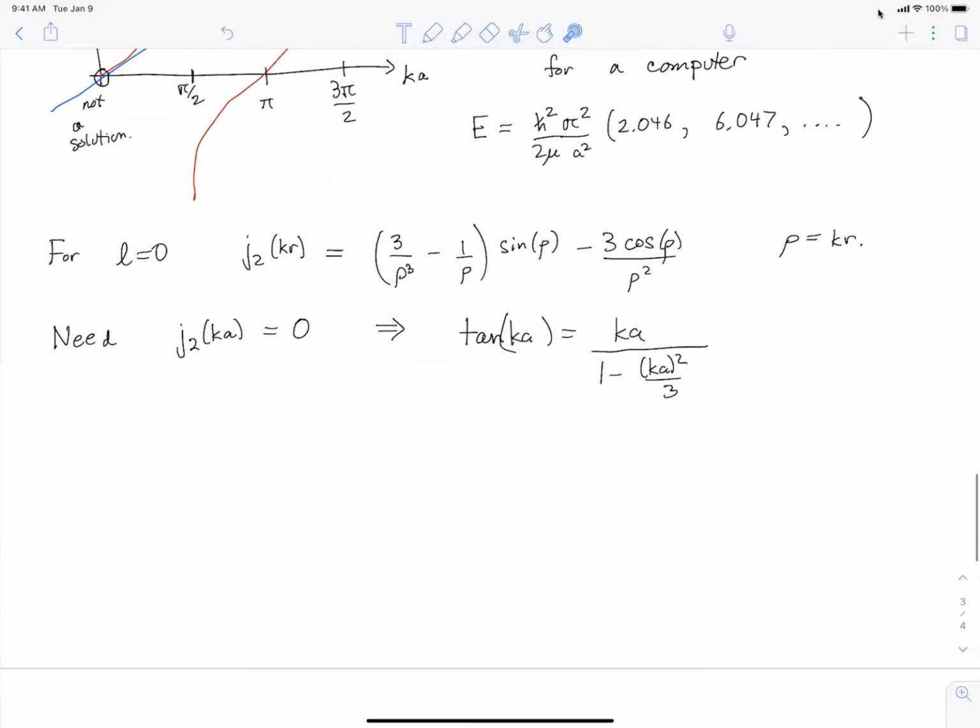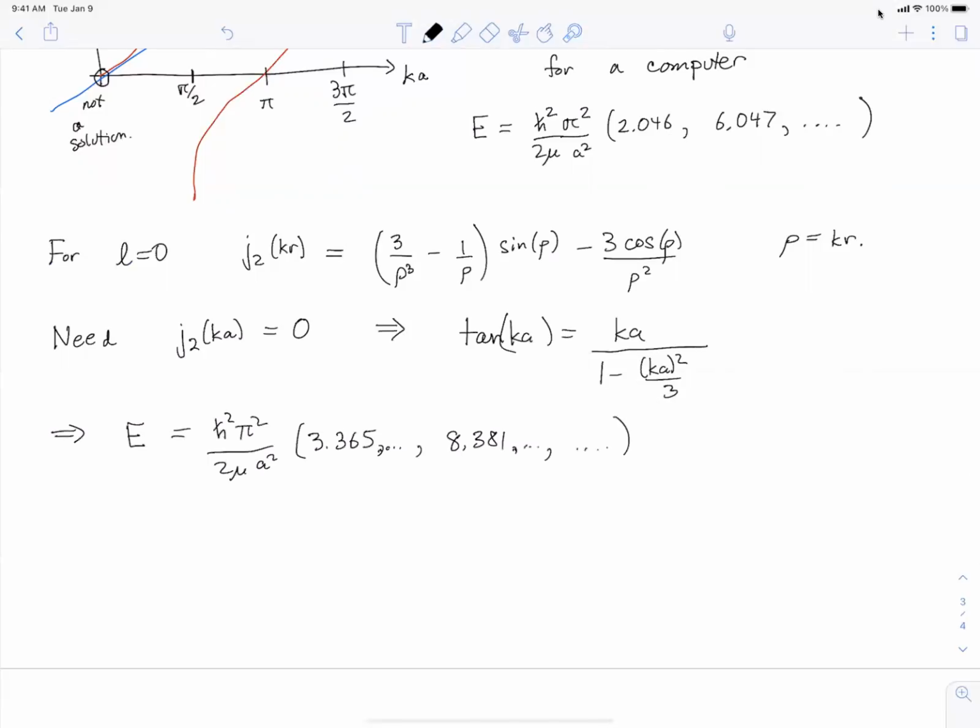So in any case, I can just look for intersections of these functions. And it turns out that I've done this ahead of time, so I know the energy eigenvalues for L equals 2 are h bar squared pi squared over 2 mu a squared. The first one is 3.365, something, something, something. Of course, these are not exact. 8.381, something, something, something. And they go on forever.